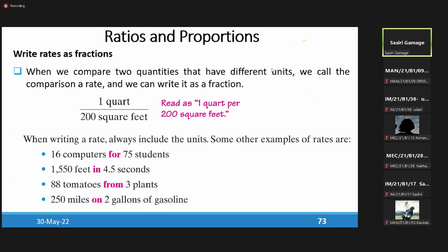Then here we can write rates when we have to compare two quantities that have different units. As an example, here you can see this. One is to, then fraction bar, we have 200 square feet.